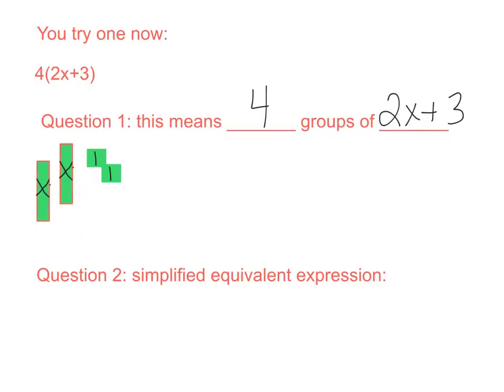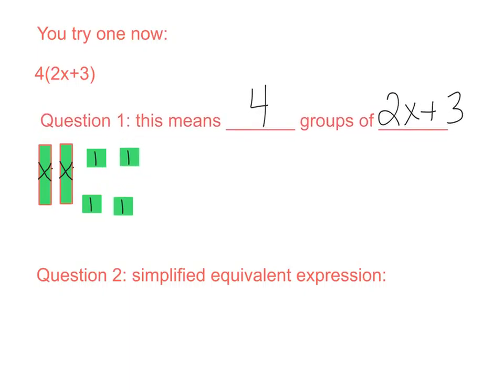Okay, so here I have 2x, oops, I have one too many, so let me get rid of one of these. Okay, so here I have 2x plus 3, and that's one group of them. So I want you to imagine having 4 of those.